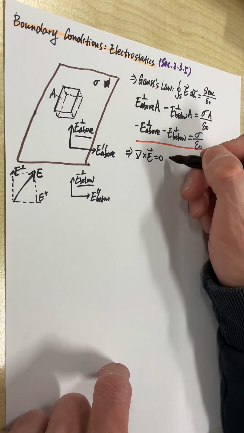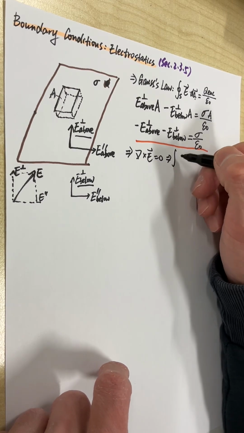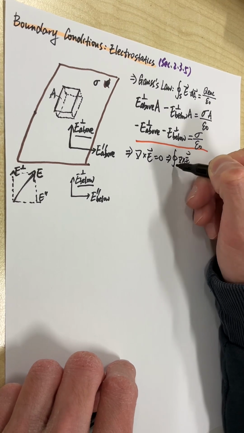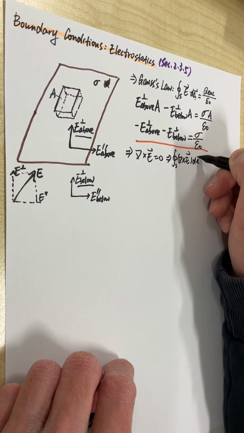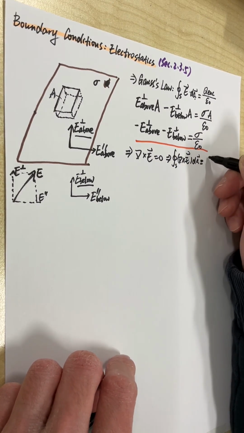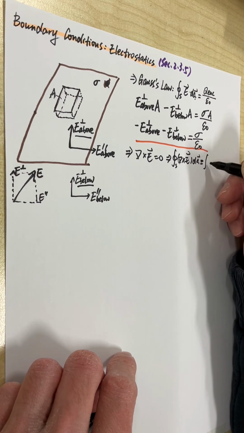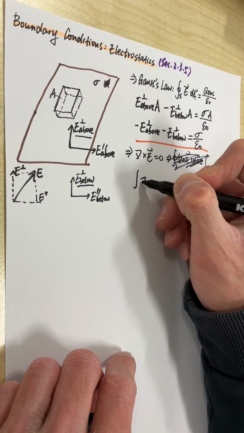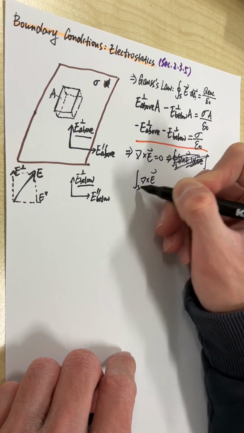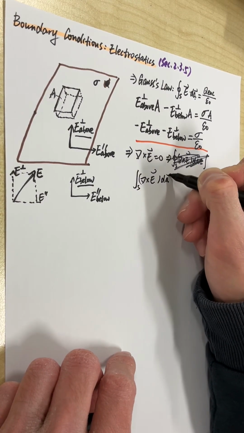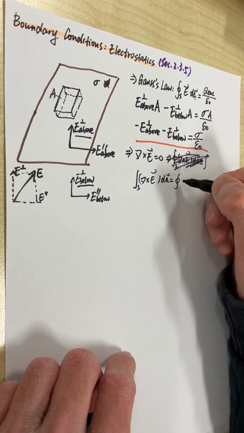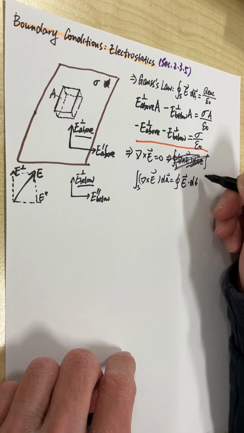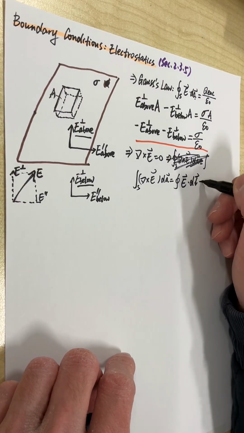So this means if we do the surface integral of the curl, this is equal to the closed path integral, closed line integral, and this is equal to 0.